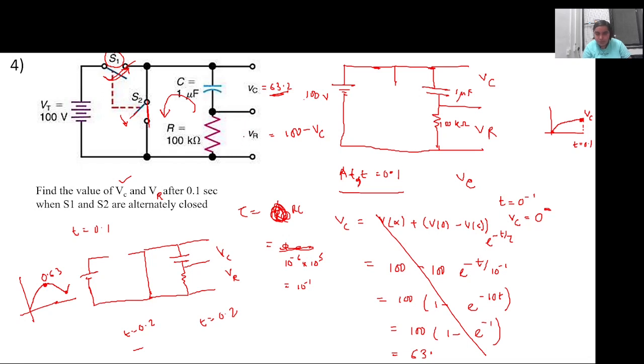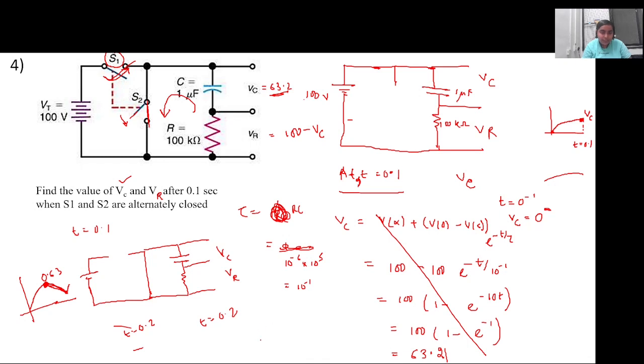It is 63.21, right? Let me just write it. 51.7, sorry. So you have subtracted the initial voltage it had. It will discharge from here to here. In this case, the initial voltage will be what we have at e to the power minus 1.